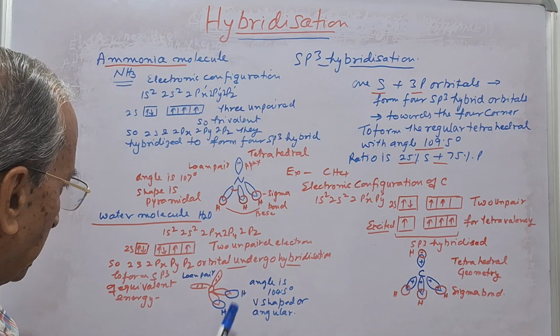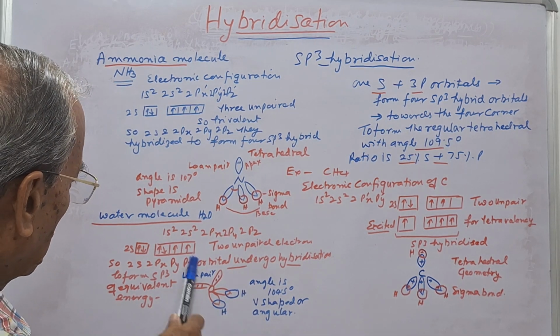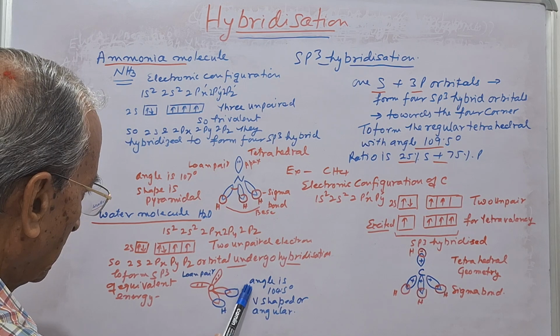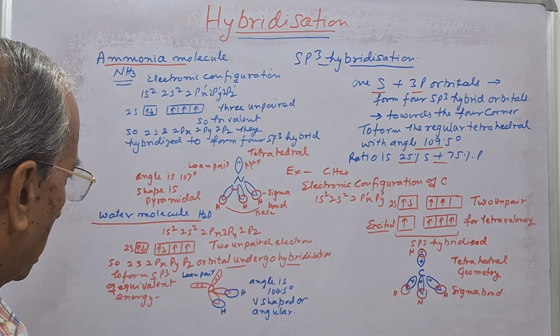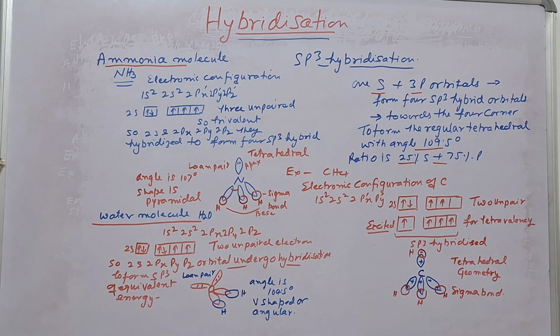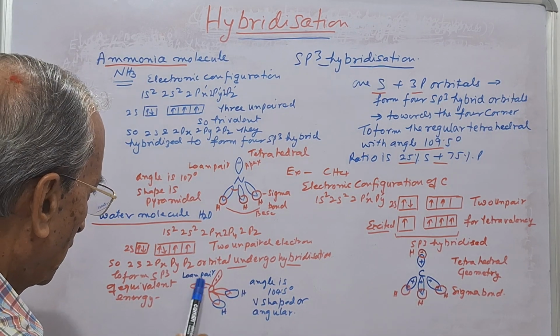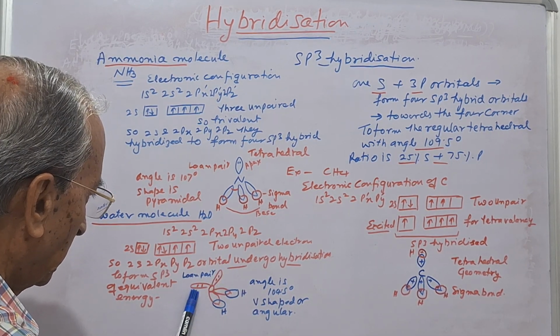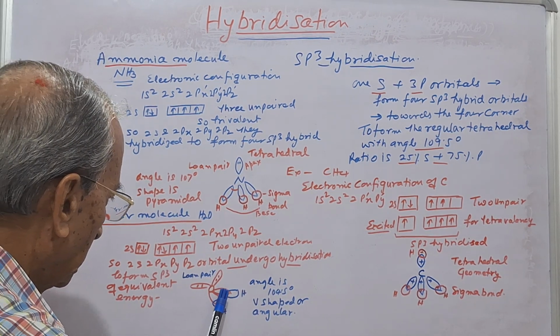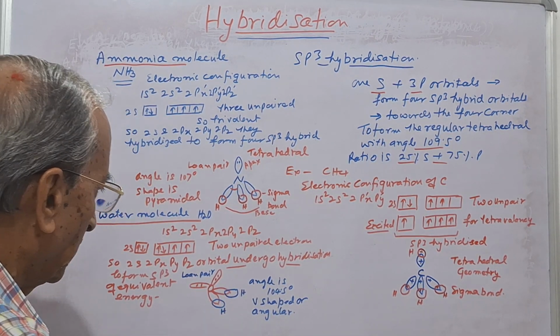Now in this structure, two unpaired electrons form sigma bonds with hydrogen, and there are two lone pairs. The force of repulsion of a lone pair on a bonded pair is more than the force of repulsion between bonded pairs.